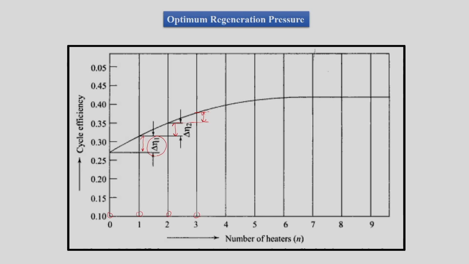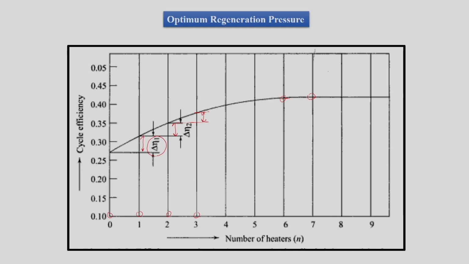Now if we are here at 6 and 7, then we can see that there is negligible change in efficiency due to the feed water heaters. So it is logical that we should not implement too many feed water heaters. 5 to 6 feed water heaters are sufficient to get the change in efficiency. From there onwards we would not have much change in efficiency.